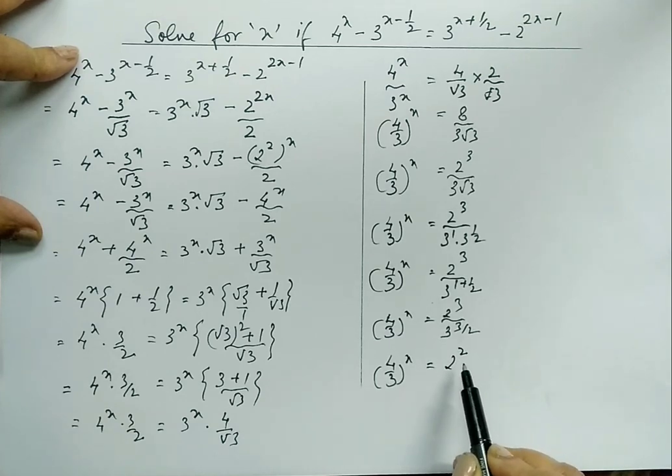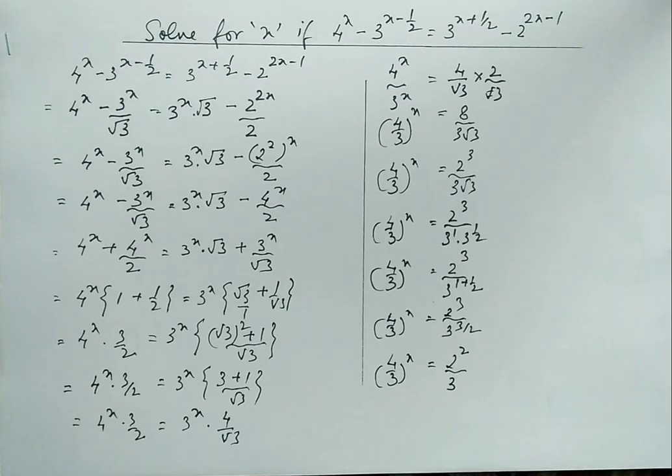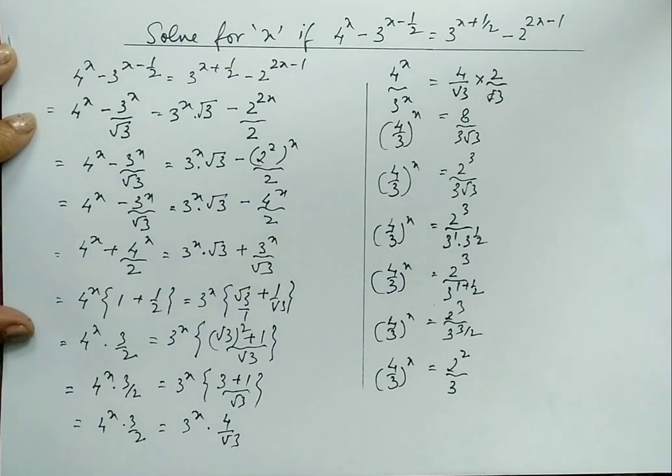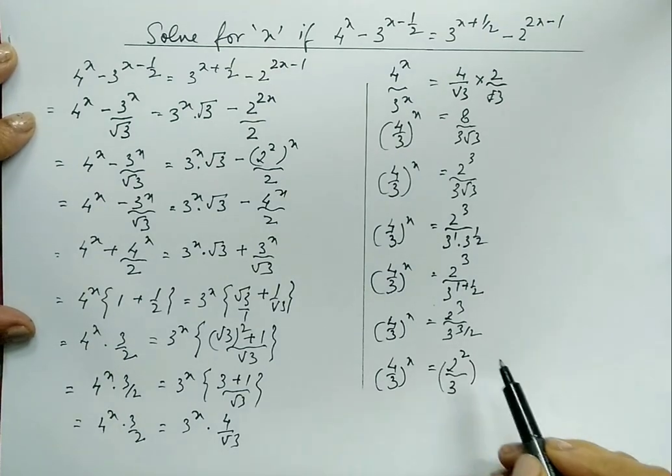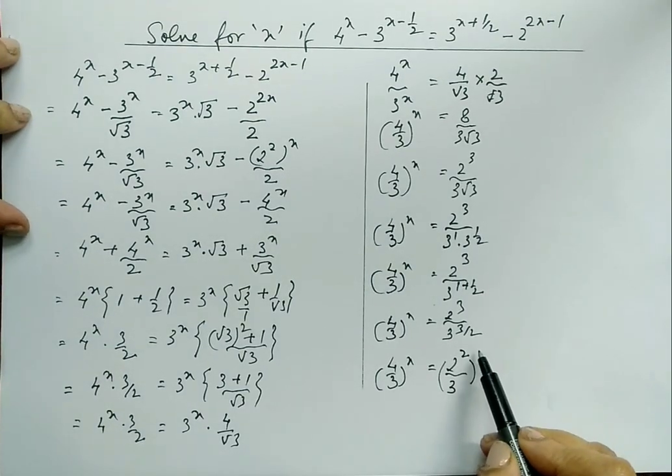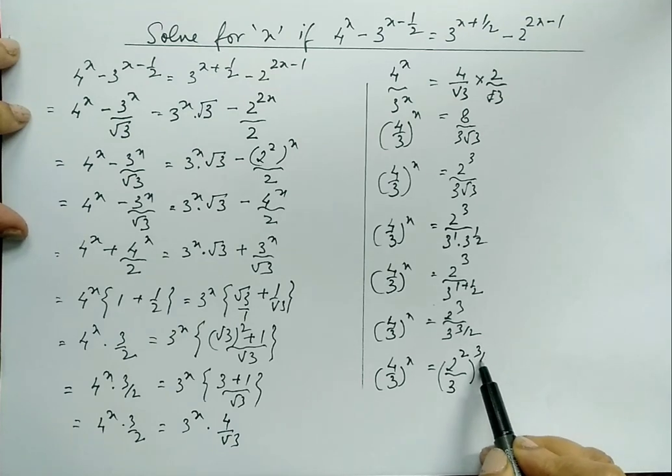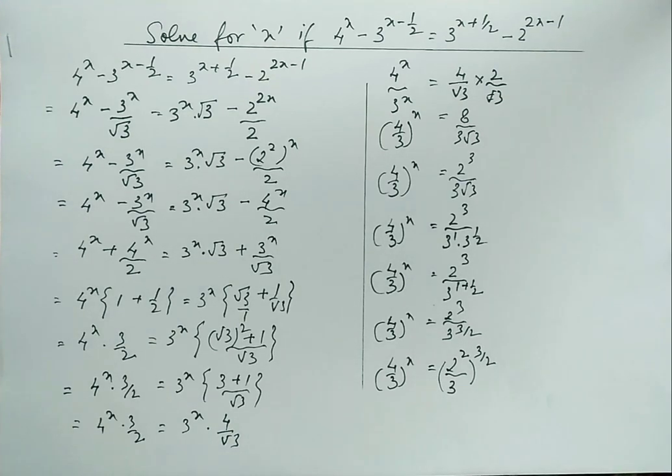We retain 2 inside, and in this case we keep 3 here and add a power of 3 by 2 outside.